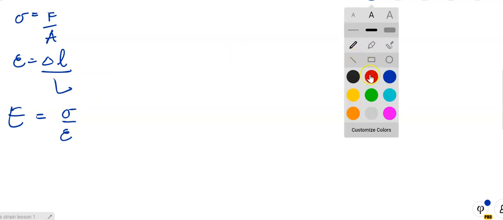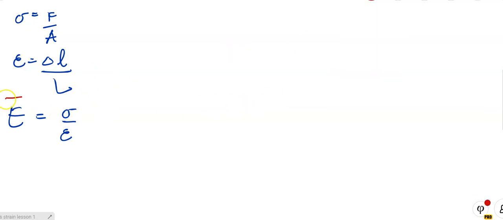And that's the next formula I want you to imprint on your brain from this point onwards forever. So from force over area I get stress, and from changing length over original length I get strain. And when I take that and divide by this, I get Young's modulus of elasticity.